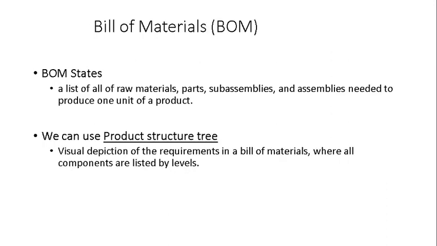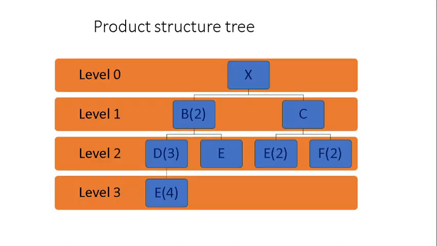The second one is the bill of materials, which is a simple list of all raw materials that we need in order to produce one unit of our product. It might be a simple table, or we can use a product structure tree as you can see here. In this example, we have split our top item, which is depicted by level 0 and denotes the final product, into several levels.